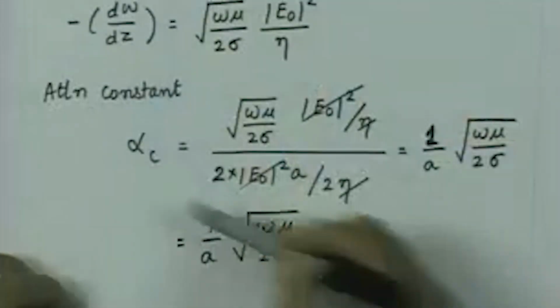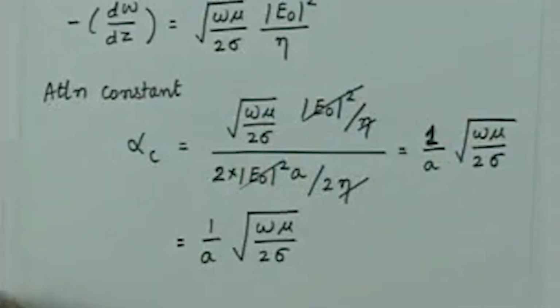So at low frequencies the attenuation constant is manageable, but when you use the same structure for carrying the signal at high frequencies, the loss becomes excessive and the signal cannot be transmitted efficiently from one point to another.